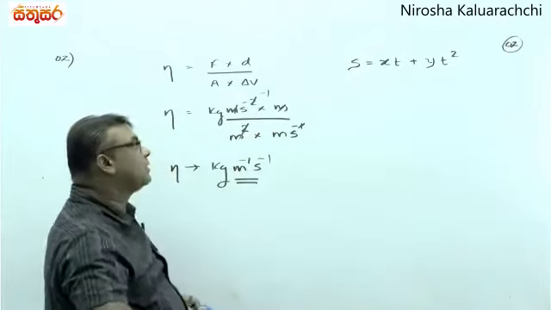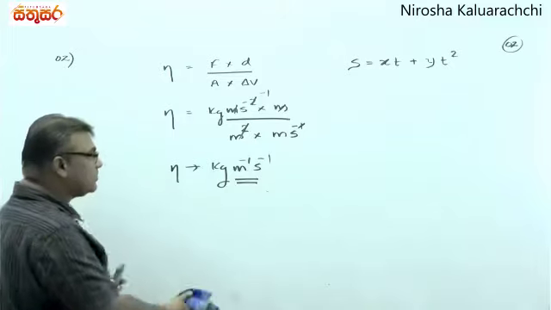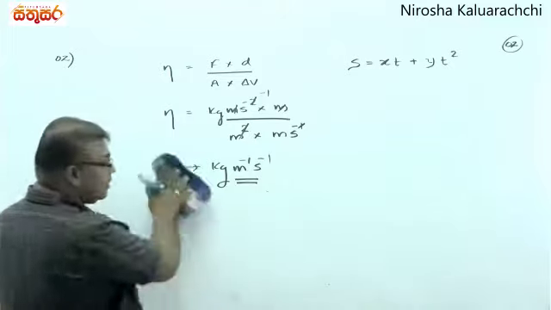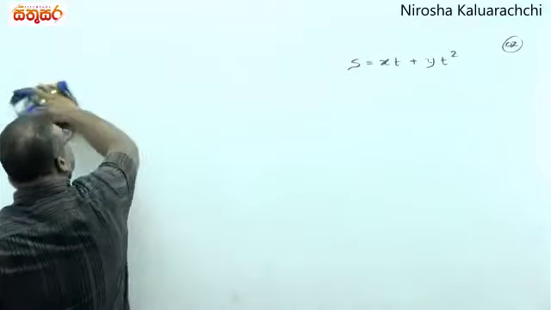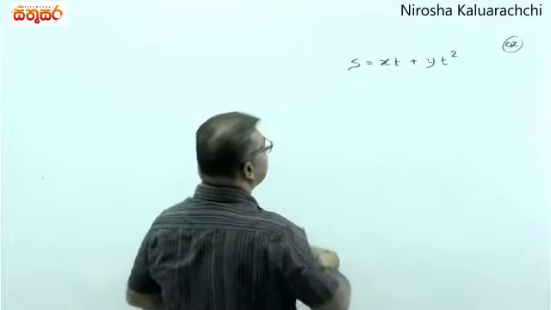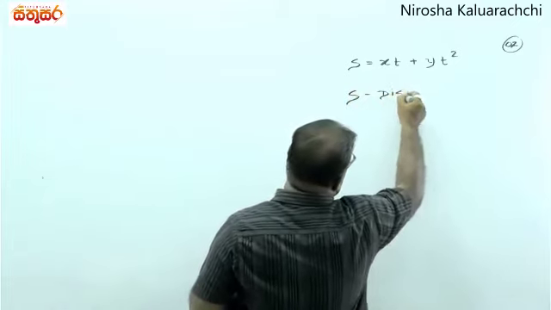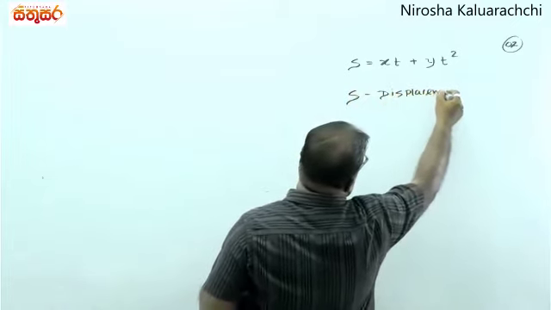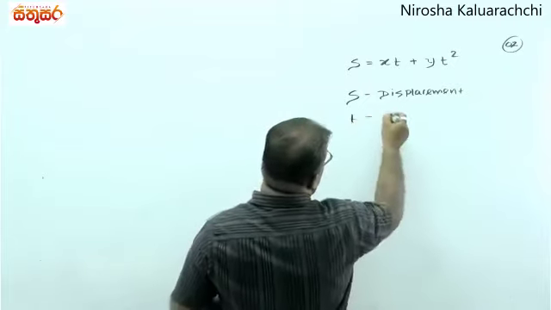S equals xt plus yt squared, where s is displacement and t is time.